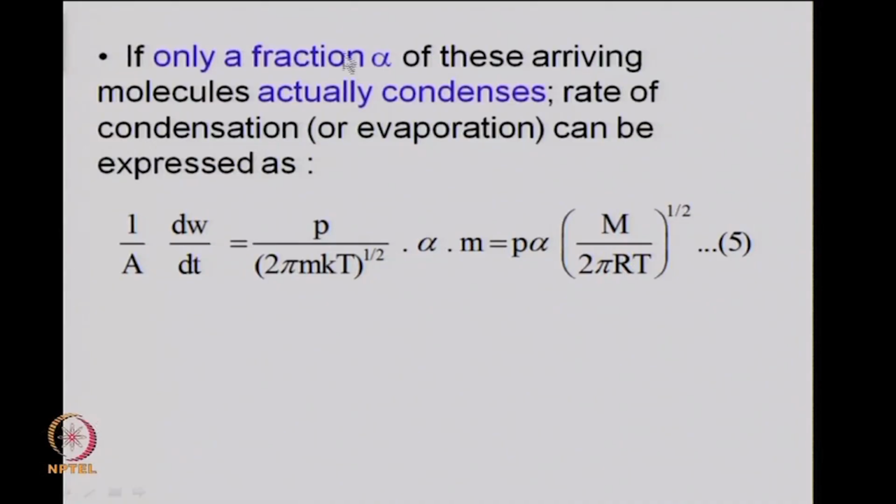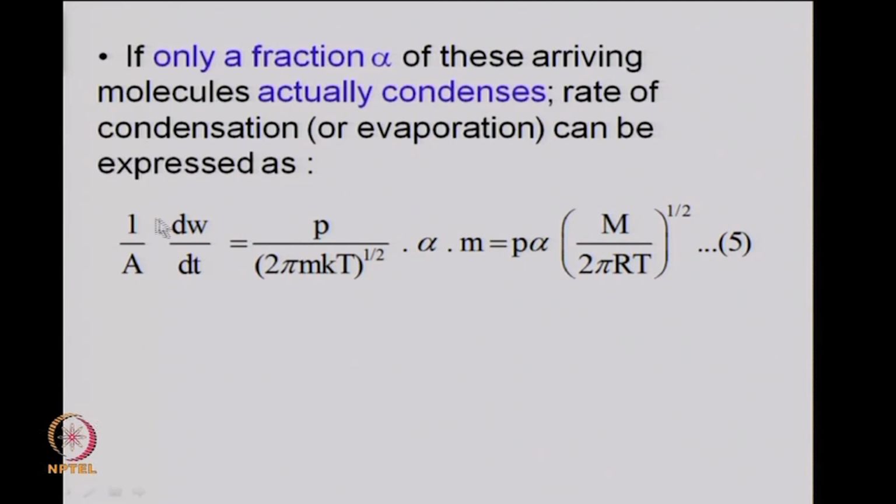So, only a small fraction actually would manage to condense, and that is where we had brought in this concept of a fraction alpha, which would decide how many of those arriving molecules actually make it to become a part of the liquid, and this can be a pretty small number. The experimentally determined magnitude for alpha is 3.4%, 0.034.